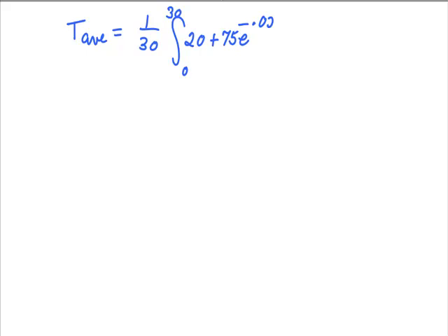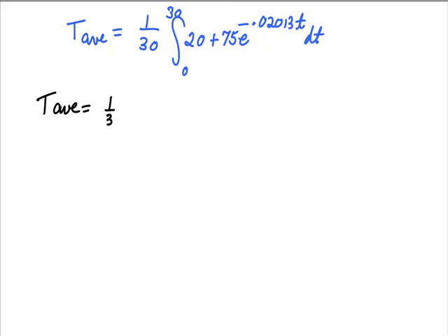So we have that T average is 1/30th, the integral from 0 to 30, 20 plus 75 e to the negative 0.02013t dt. So I'm going to separate this. So T average is 1/30th.